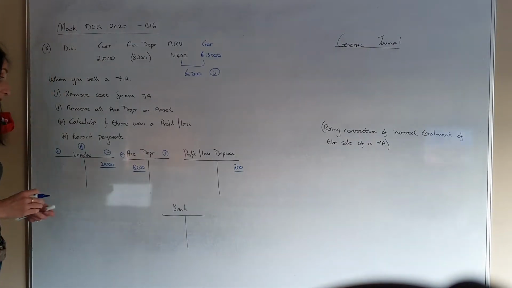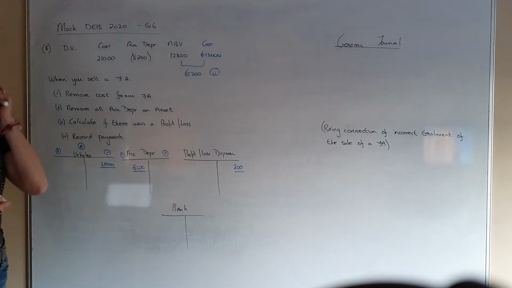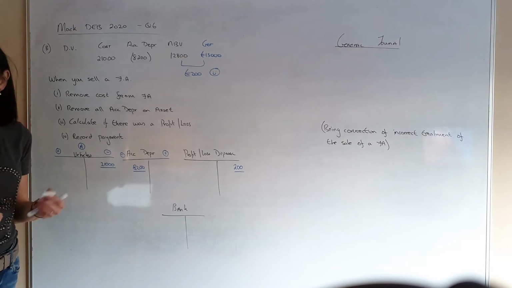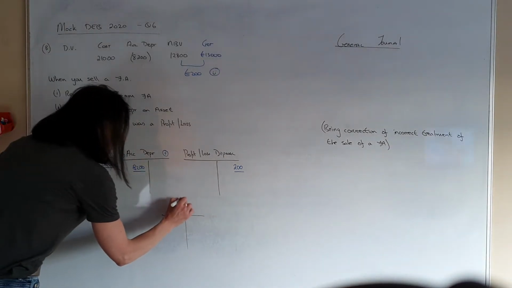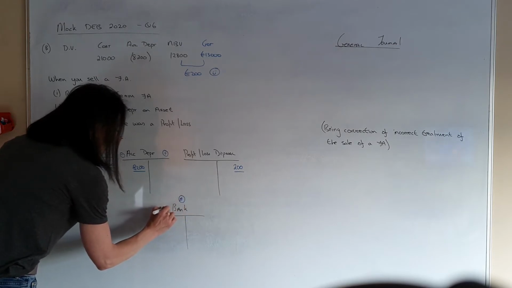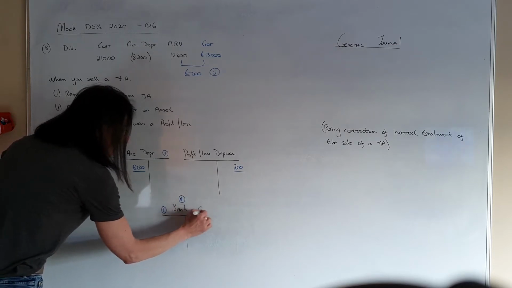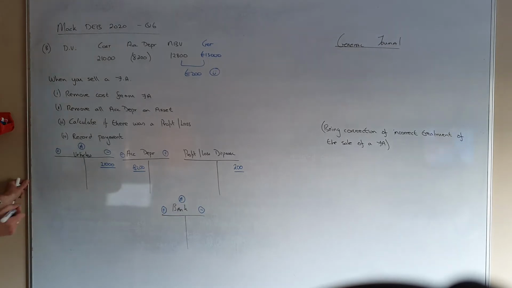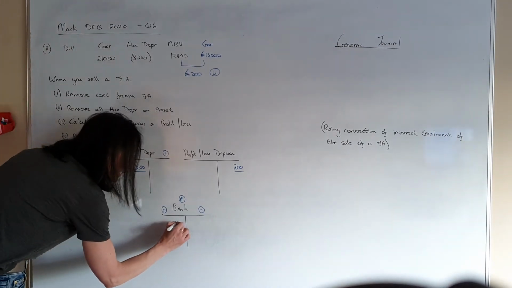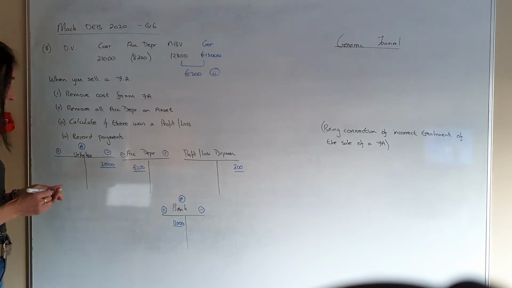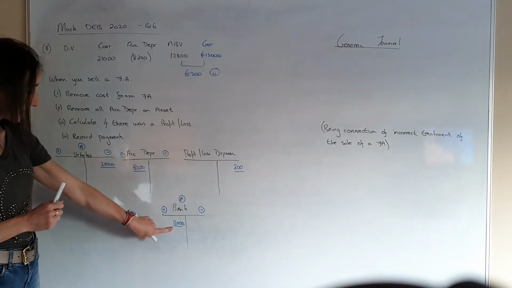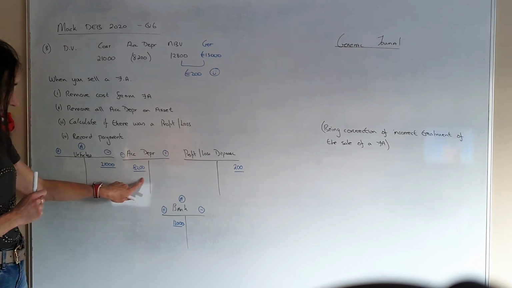Then in your bank, you sold a vehicle. You sold it for cash, and they said you sold it for 13,000. Bank is an asset. If it's increasing, therefore it should be on the debit, decreasing it should be on the credit. The money is going into your bank and 13,000 is going in, so it should be on the debit. Now if we look at this, right, so you have 13,000 on the debit, 8,200 on the debit.